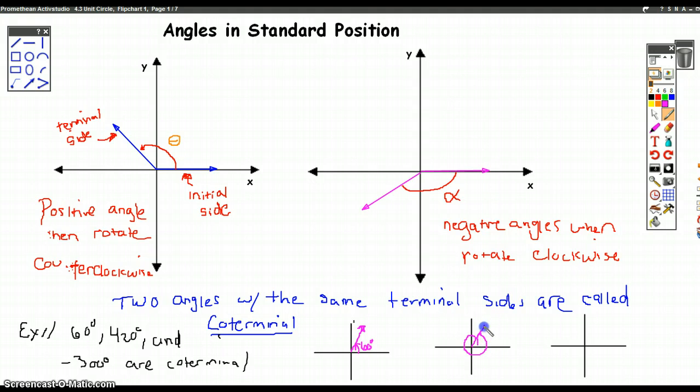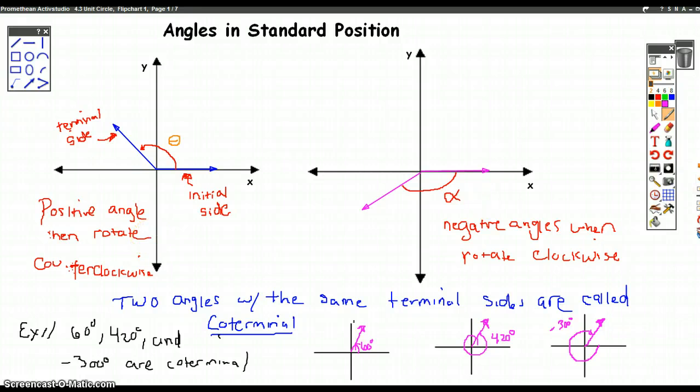Notice I'm in the same place as with the 60 degree angle. And if I rotate negative 300 degrees, that's like rotating all the way around except for that last 60 part in the negative direction. Since I went clockwise, I rotated negative 300 degrees. They're all coterminal because they all share the same terminal side.